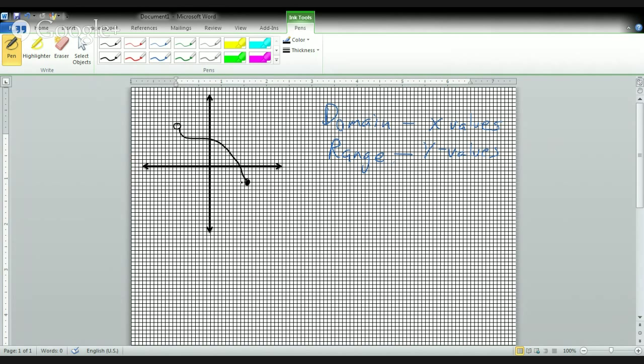And so what we've been learning about is how do you tell the domain and range on something like this? As a review, if your endpoint is solid, then it will be a less than or equal to or a greater than or equal to. If it is open, then it is a less than or a greater than symbol.